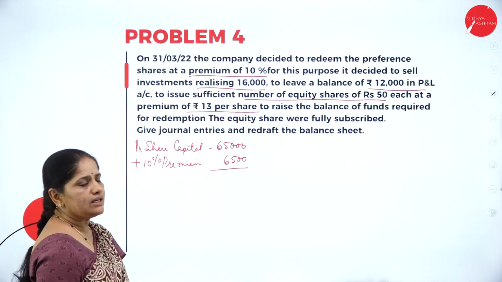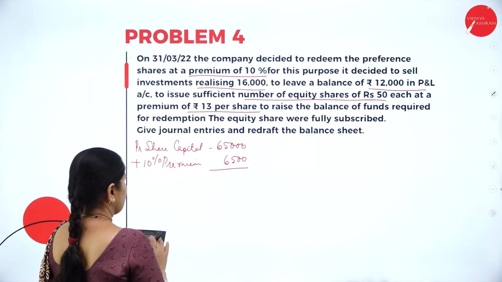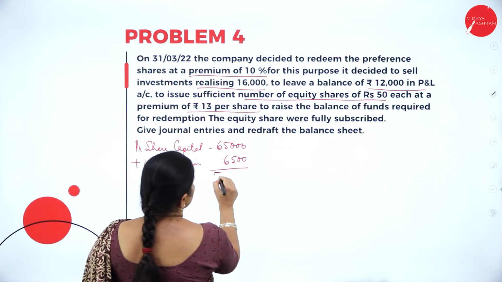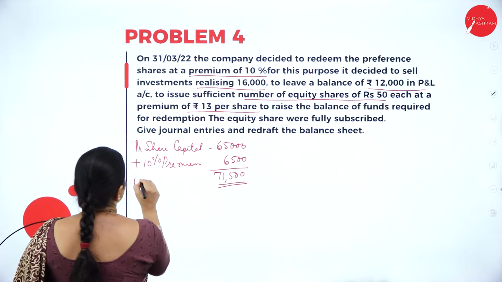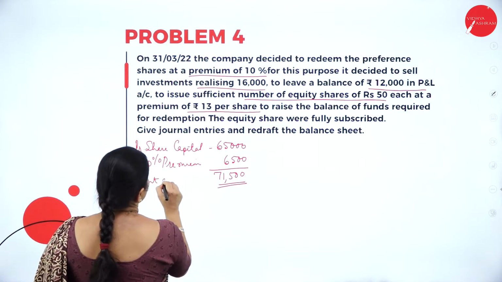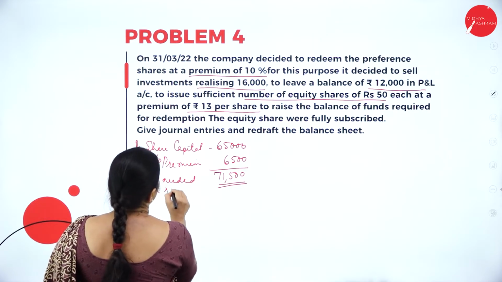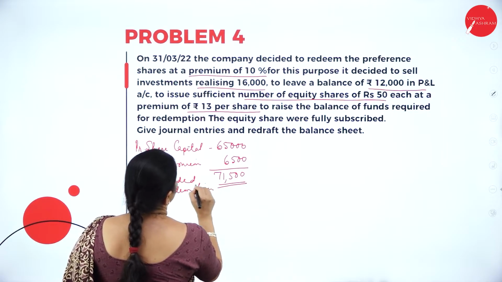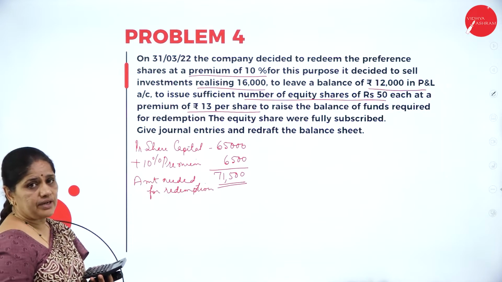When I add all this, it will be 65,000 plus 6,500, that is 71,500. This is the amount needed for redemption.